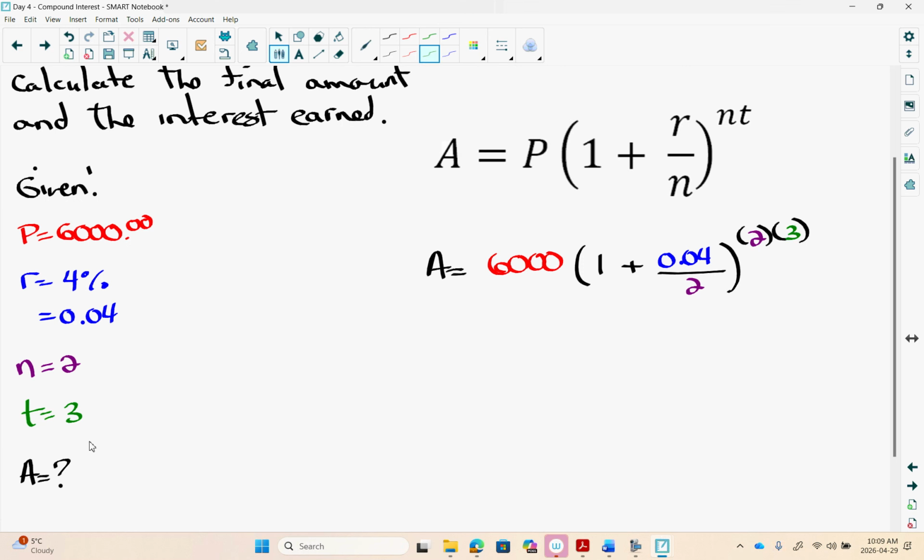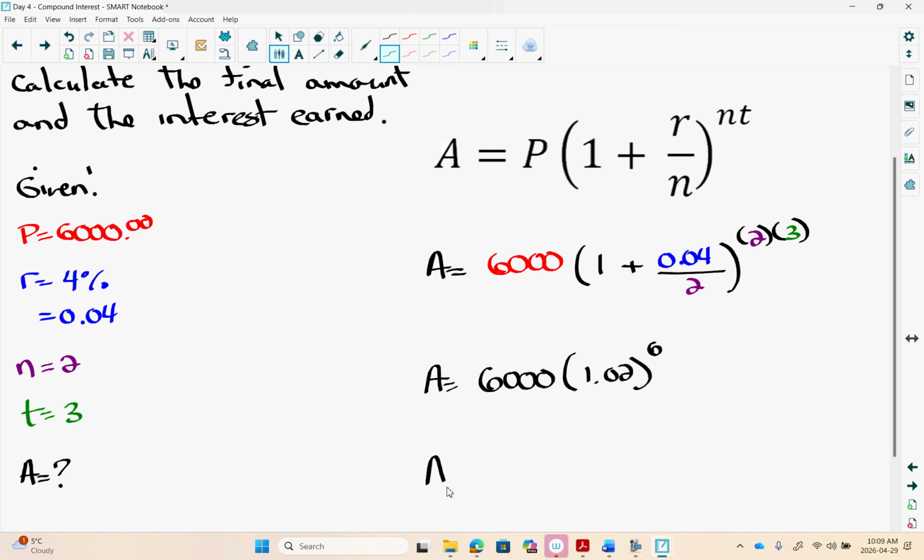I'm just filling in that given information. So every time you do one of these questions, you should write this down. And if I want to speed things up a little bit here, I'll go 6,000. Does anyone know what 0.04 divided by 2 is? 0.02. And if I add 1, I'd get 1.02. What's 2 times 3? 6.